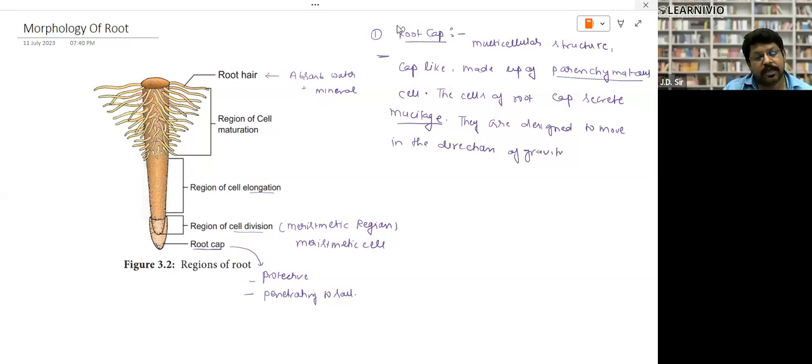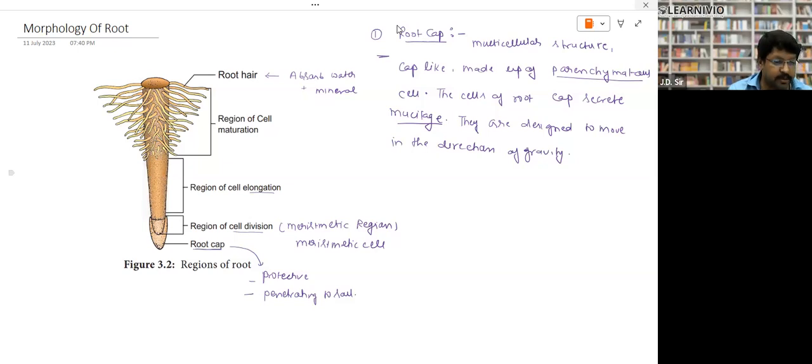Let me tell you how they are designed to. It is considered that the root cap cells have starch granules. Starch granules can perceive gravity. That's why they show gravitropism. Gravitropism means movement towards gravity. So that was the first zone, the root cap.